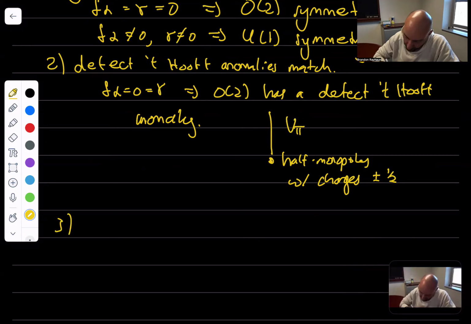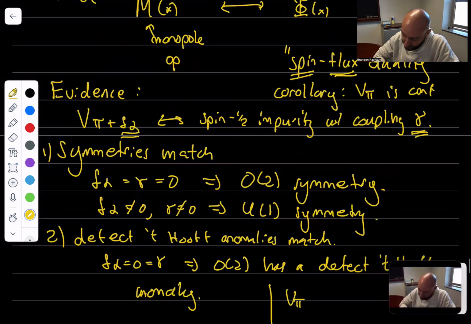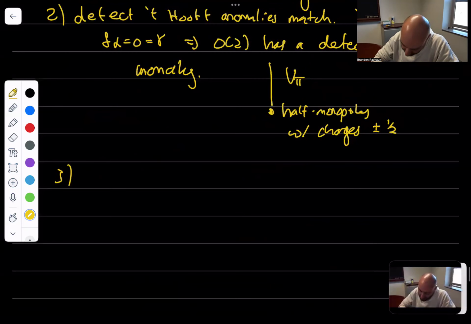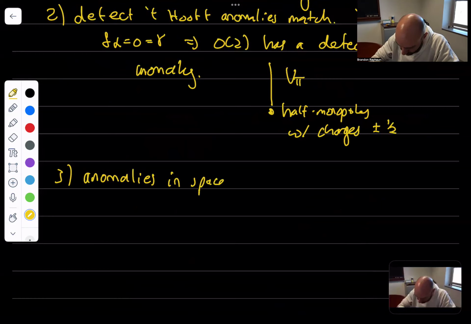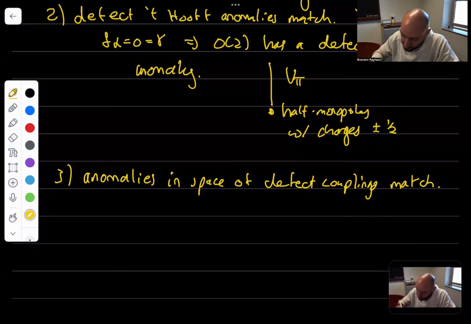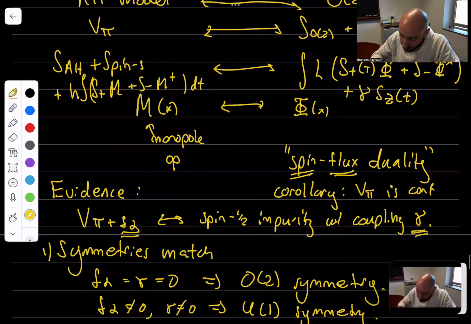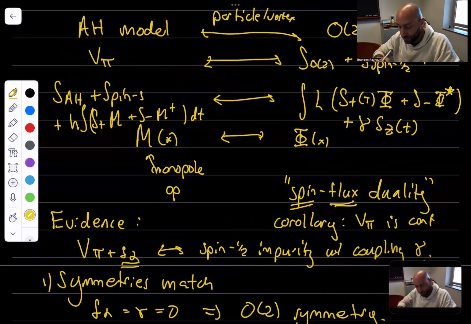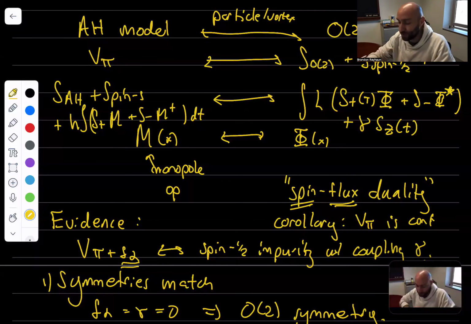Good. Another thing that matches, which provides evidence that this entire family of defects on the abelian Higgs side maps to this entire family of defects on the O2 side, is that the anomalies in the space of defect couplings match also. On the abelian Higgs side, we saw that as you pump alpha by 2 pi, if you're coupled to a background gauge field, the 2 pi periodicity is violated. You don't come back to yourself, you come back to yourself up to a phase.